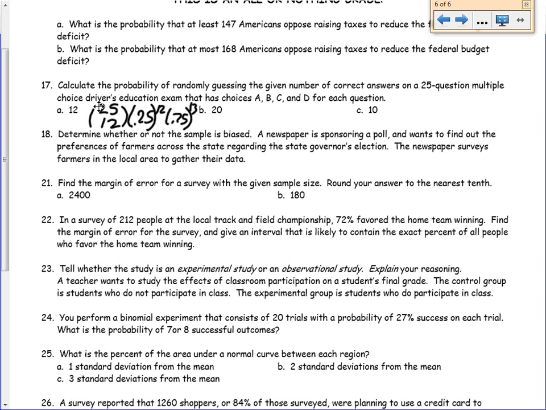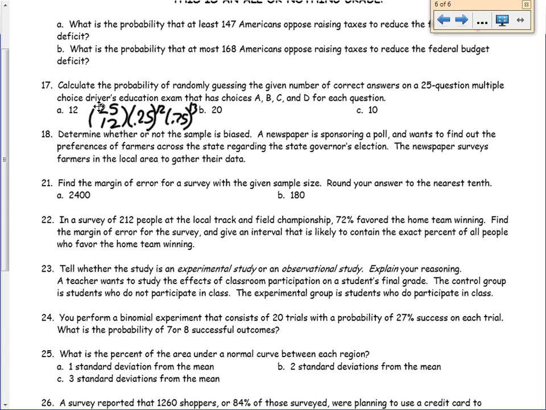Take your calculator and work it. Take your calculator and punch some buttons. 25, math, over to probability, 12, times 0.25 to the 12 times 0.75 to the 13.